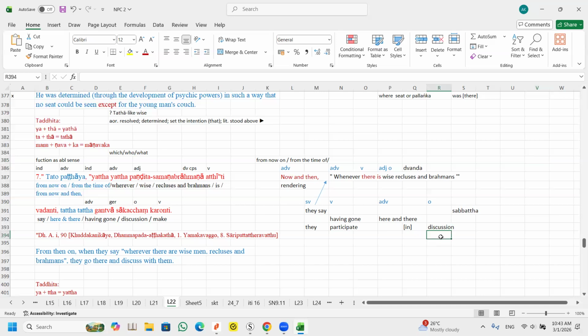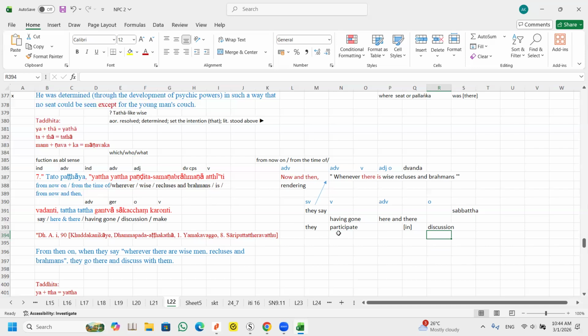Discussion is talking about Dhamma sakaccha. Remember in the Mangala Sutta, one of the 38 blessings is Dhamma sakaccha, Dhamma discussion, a blessing. So the one here is talking about Dhamma discussion. So you cannot say "make" a Dhamma discussion.